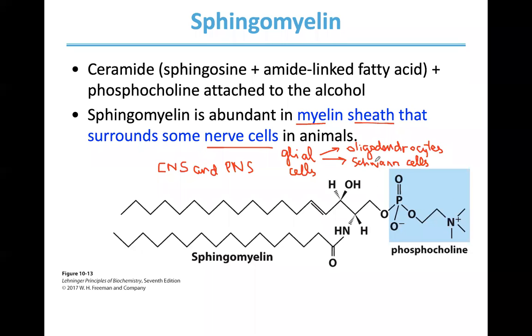So unfortunately, these kinds of cells can also be an Achilles heel of especially our susceptibility to cancer. So for example, glial cells, they give rise to the most fatal type of cancer known as glioblastoma.